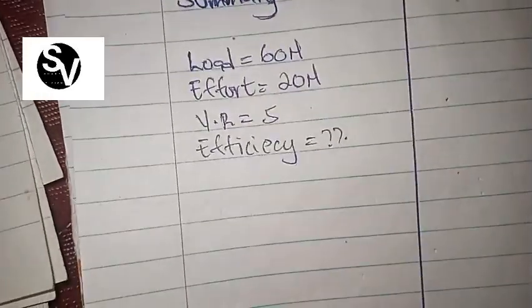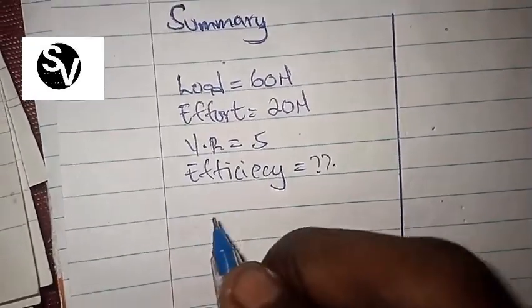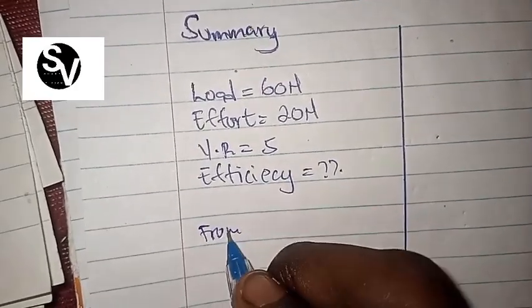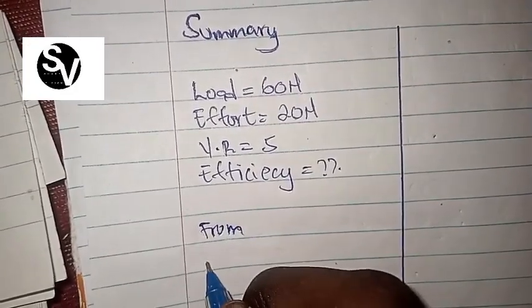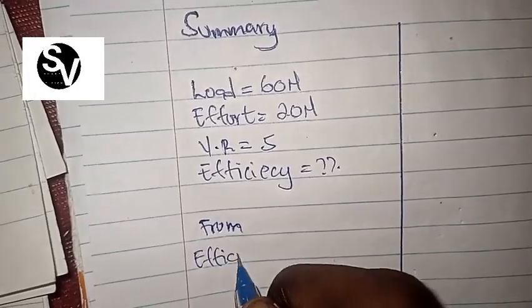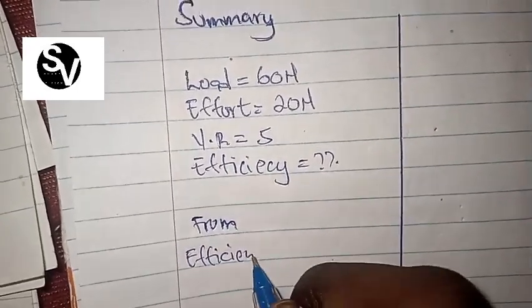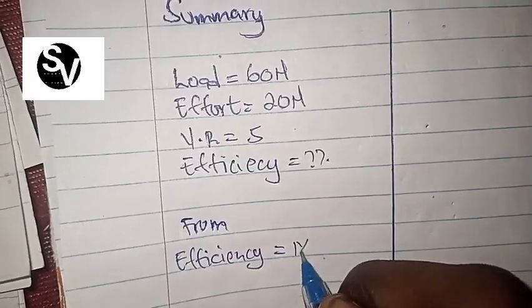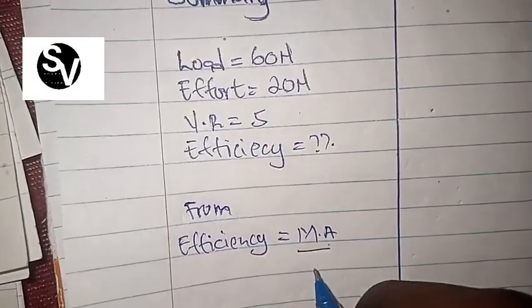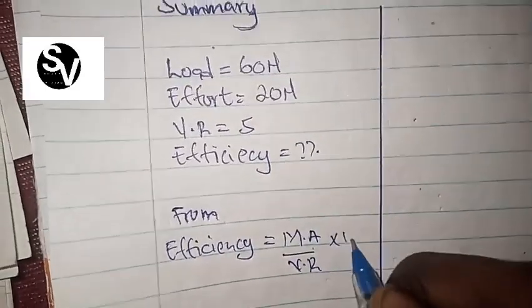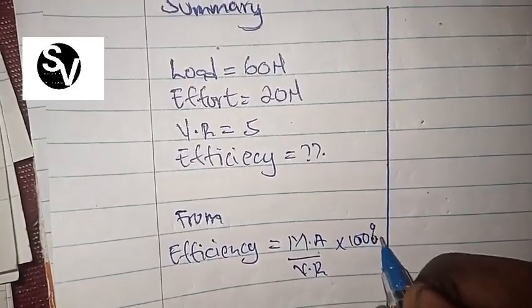But we know that efficiency equals mechanical advantage over velocity ratio times 100%.